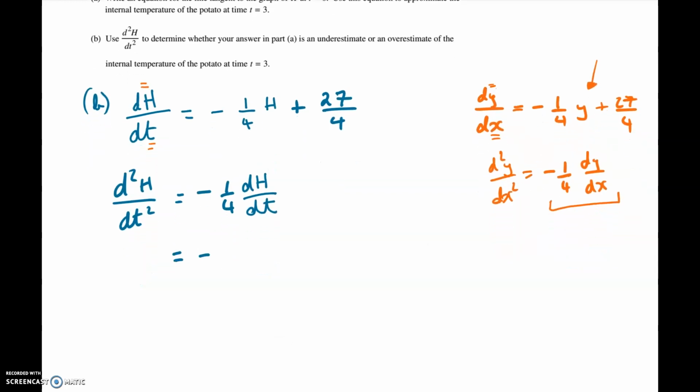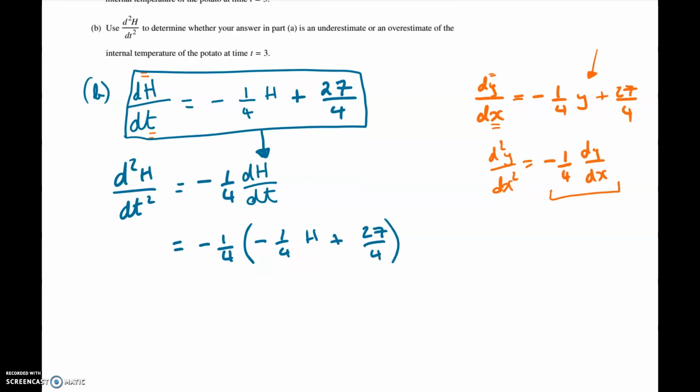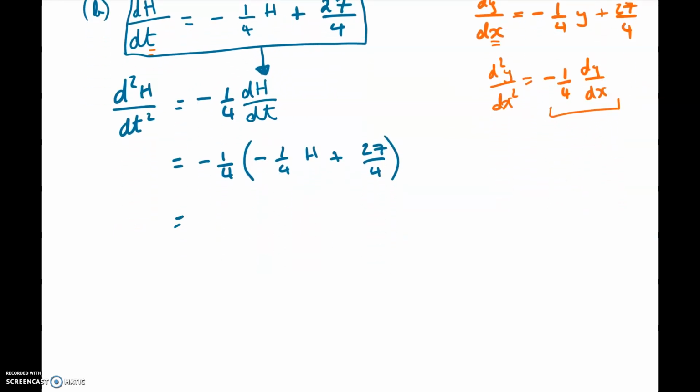This is equal to negative 1/4 times dh/dt, but dh/dt is up here, so we're going to fill that in. It's going to be negative 1/4 times (negative 1/4 h plus 27 over 4). That's going to be positive 1/16 of h minus 27 over 8.